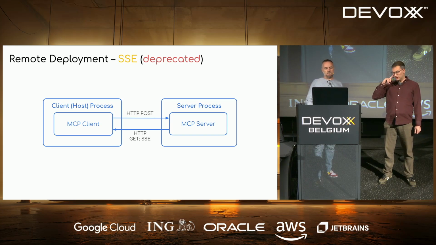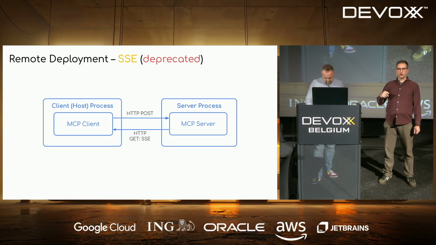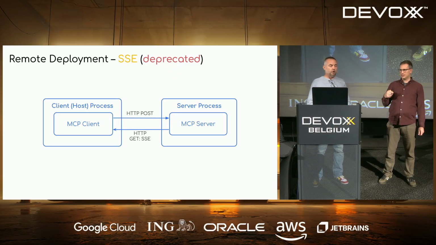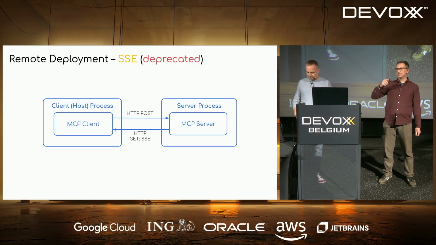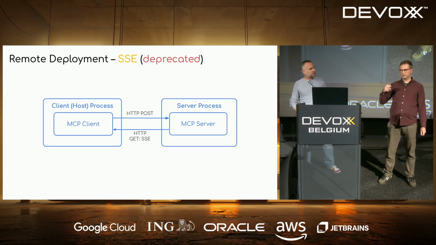The SSE-based, so server-sent event-based specification that was first, which is now deprecated, had this flow where the client opened an HTTP connection that the server turned into a server-sent events channel that would be used for the server to actually do the communication with the client, over JSON RPC. With JSON RPC as the message format, the client can communicate to the server, sending requests or responses to the request that it received, over the HTTP post-initiated connection.